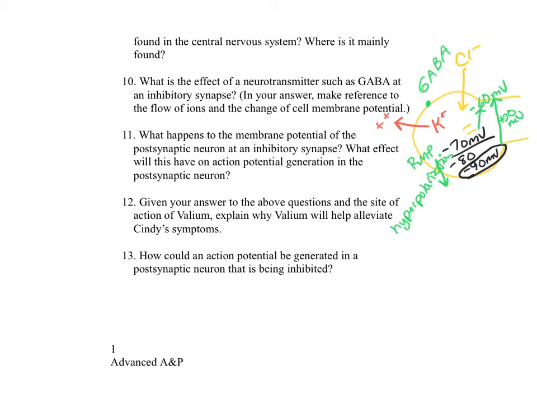Well, Cindy is feeling a lot of fear and anxiety, and so there is a lot of action potential generation going on in those areas in her brain that help her to perceive fear and anxiety. And so if she's given Valium, and Valium enhances the action of GABA, that means that those neurons in her brain will have their resting membrane potential lowered to negative 90, making it unlikely that those action potentials will even be generated.